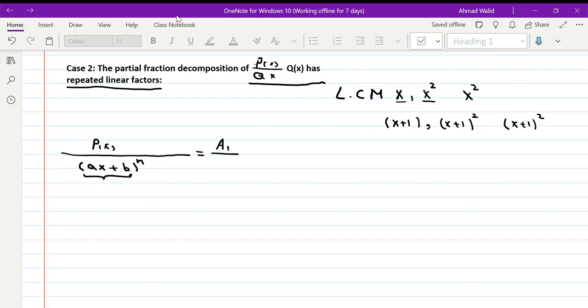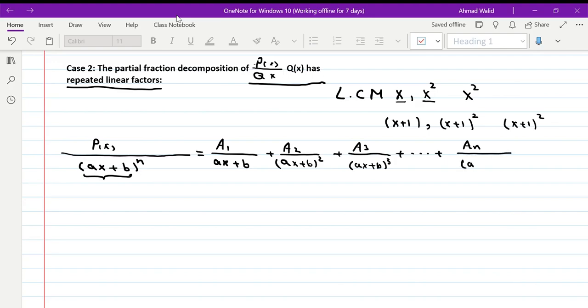A1 over, I start with the lowest one, ax plus b, plus A2 over ax plus b to the power of 2, plus A3 over ax plus b to the power of 3, plus it continues based on how many factors you have in the denominator, up to An over ax plus b to the power of n.